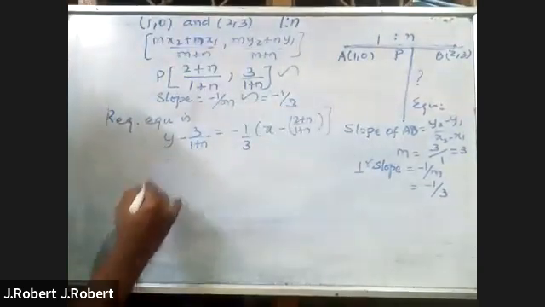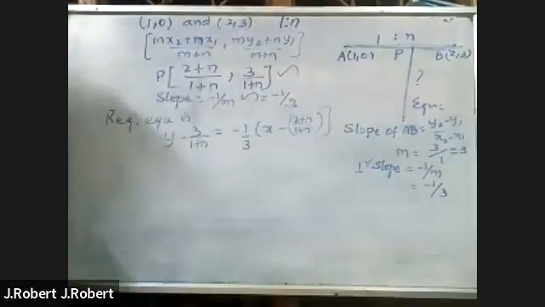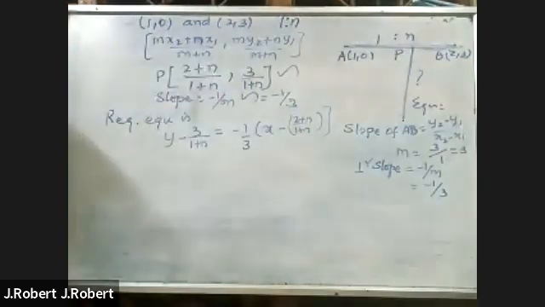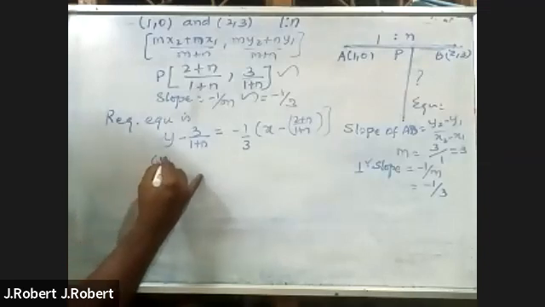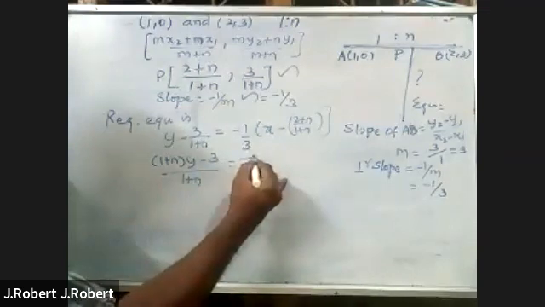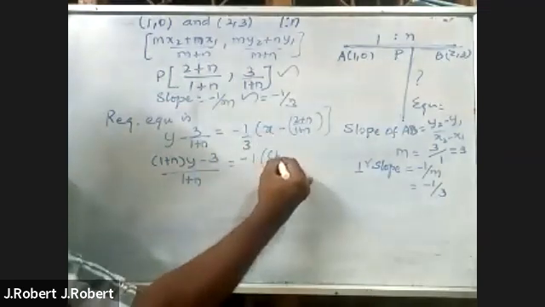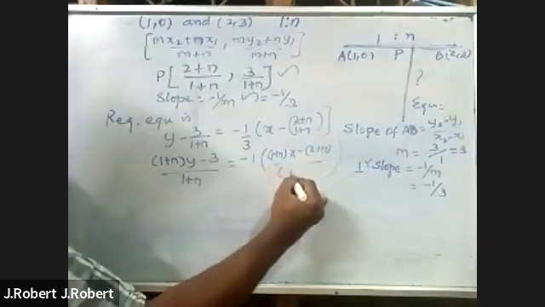We have found the slope and the point (2 plus n) divided by (1 plus n), so we use this formula. Now take the LCM: (1 plus n) into y minus 3, divided by (1 plus n), equals minus 1 by 3 into (1 plus n) into x minus (2 plus n), divided by (1 plus n).